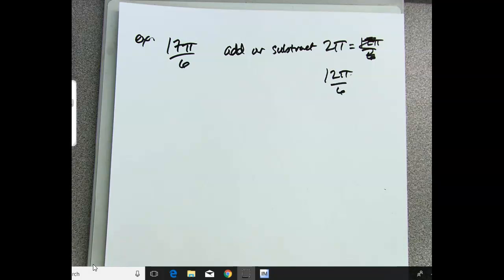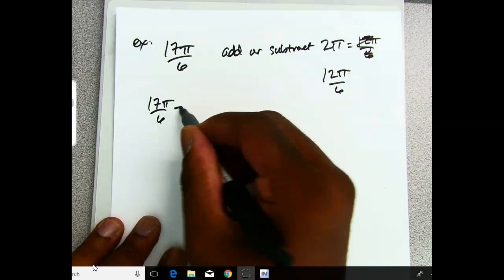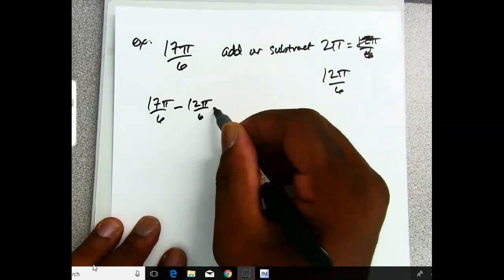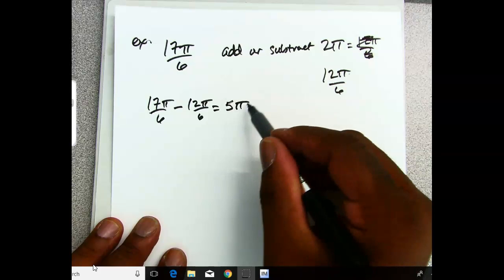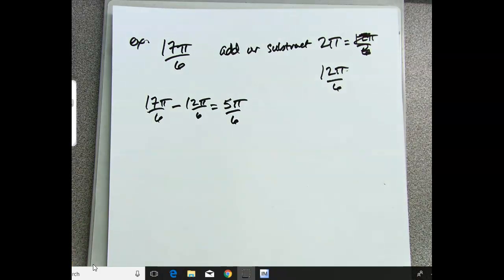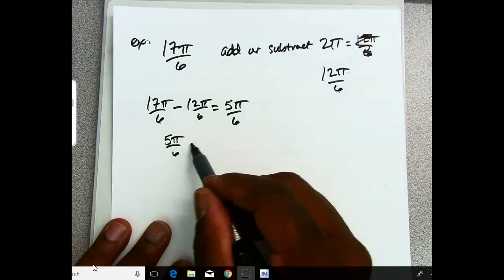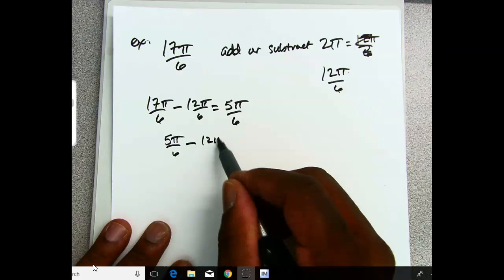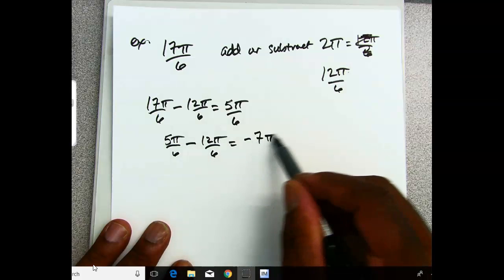Now we have a common denominator. 12 over 6 is 2. So 17 pi over 6 minus 12 pi over 6 gives us 5 pi over 6. You guys are right, if I would have added, it would have been 29 pi over 6, but here I'm subtracting. Now I'm going to take 5 pi over 6 and subtract another 12 pi over 6, and we get negative 7 pi over 6.